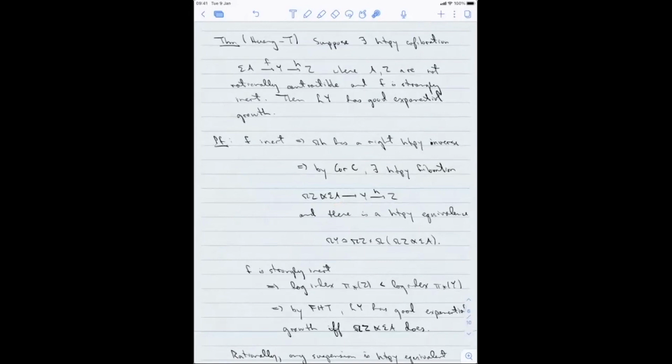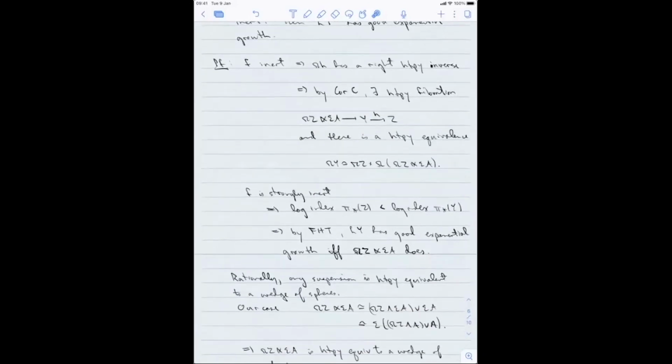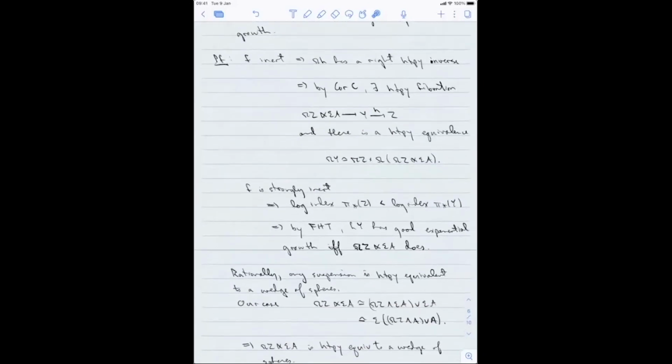And so in that case also we can conclude that the free loop space of Y has good exponential growth. Yes, rationally, a coh space is homotopy equivalent to a wedge of spheres. So you get the same thing. Okay, thank you.